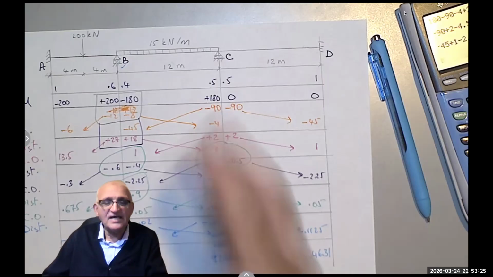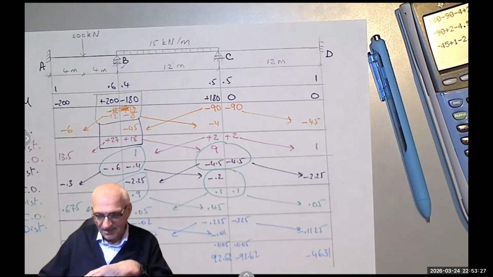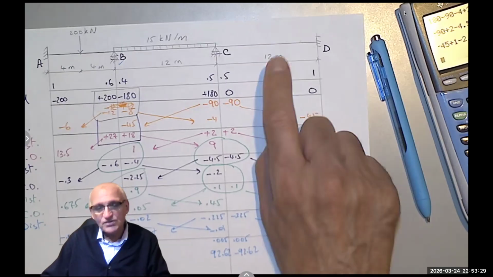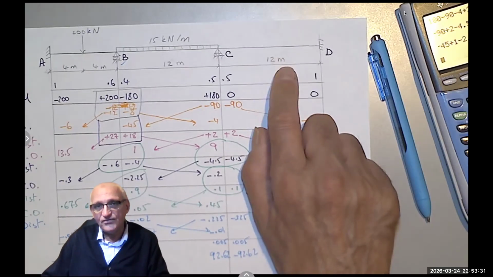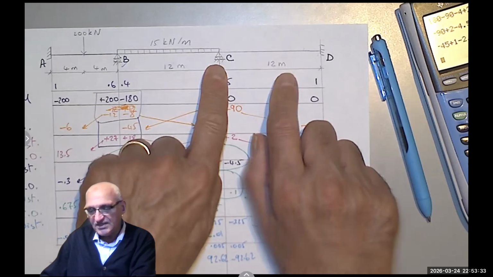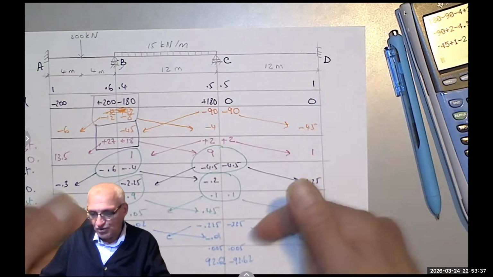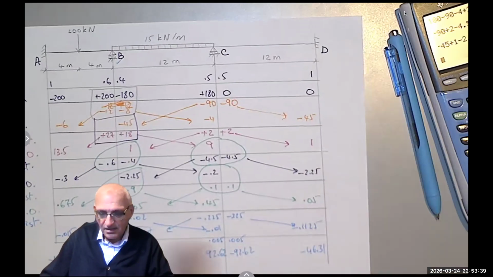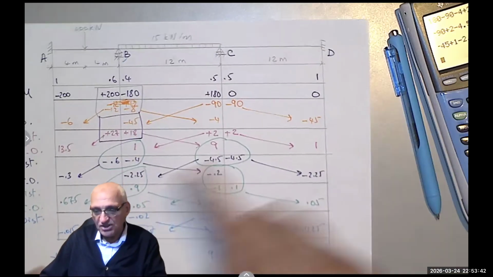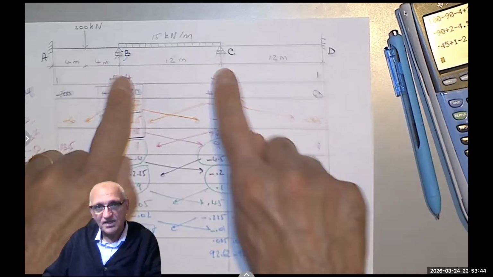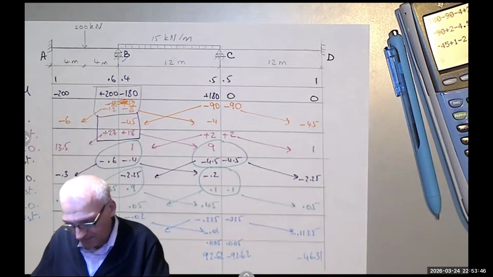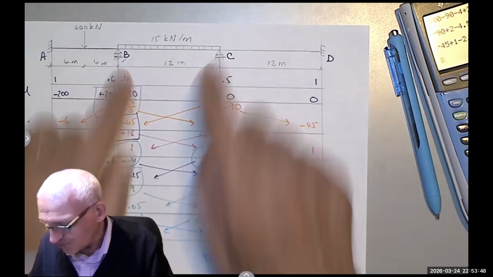I mean, you will get the same result, but if you just use 3 instead of 4 EI over L, if one end is fixed and the other is pin, you see, you don't have to do carryover here or there. It's just from those. The carryover go from the inner supports.